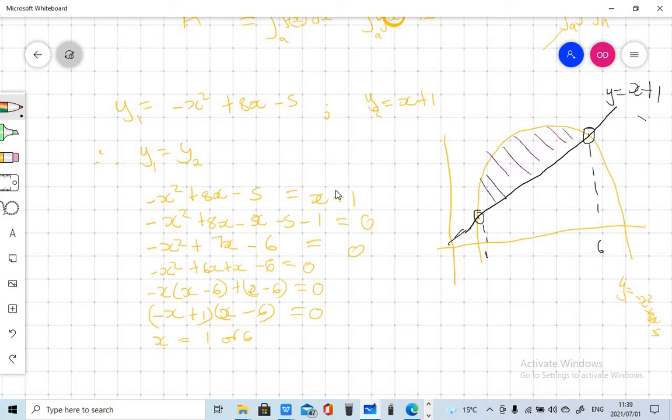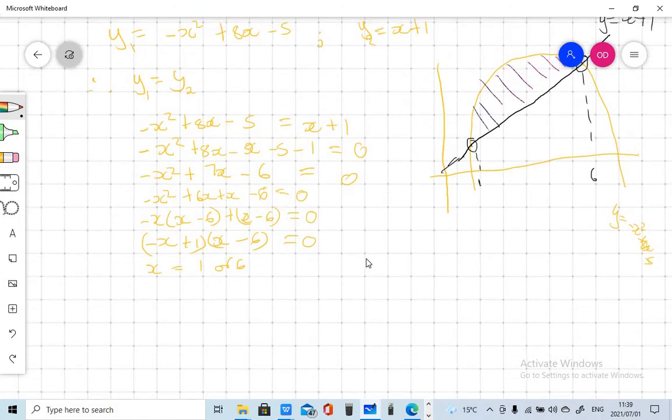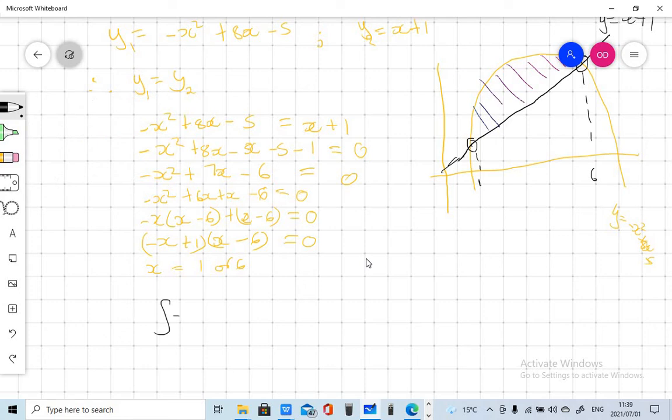So what we're going to do, we now have the points of intersection. Therefore, we are going to integrate. We're now going to integrate y1, which is minus x squared plus 8x minus 5 from 1 to 6 dx.